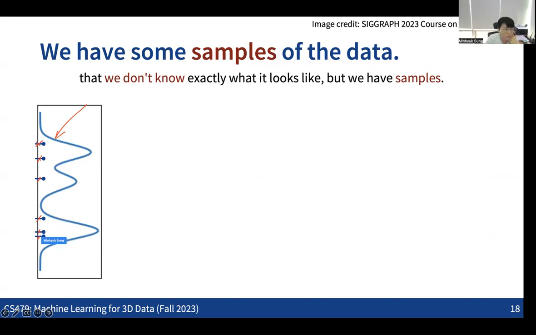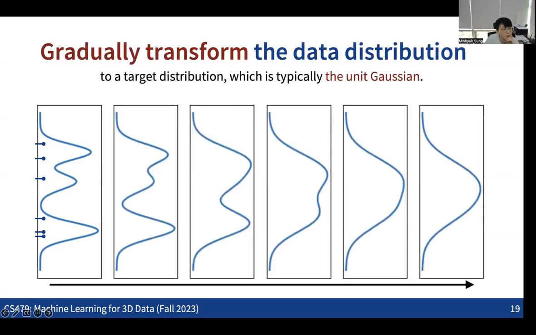Given these samples of data, we are going to gradually transform the data distribution in a way that, at the end of all the transformations, the output becomes some simple distribution, which is typically the unit Gaussian. We are going to call this the target distribution.